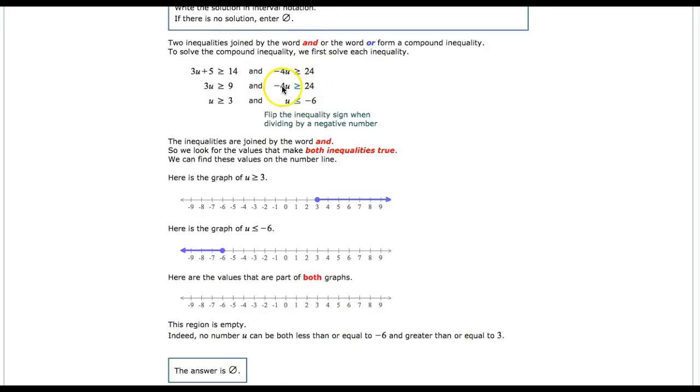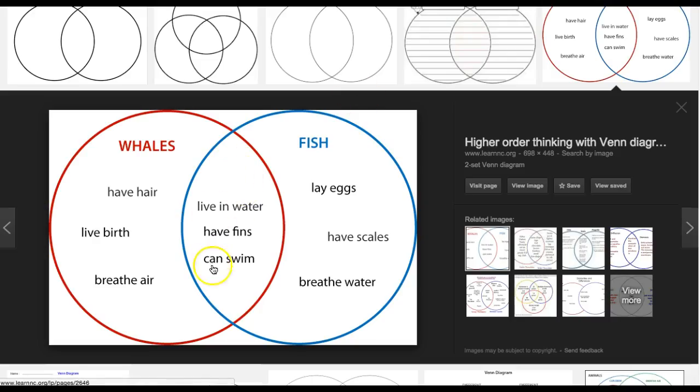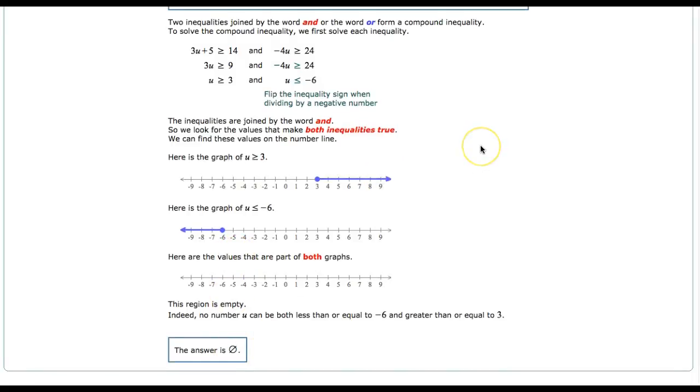And when you divide by a negative, you reverse the inequality. But now let's look back to our Venn diagram. Where do these two sets overlap? That is the intersection, right? The upside down U. The intersection is empty because there is no overlap. Now let's scroll down.